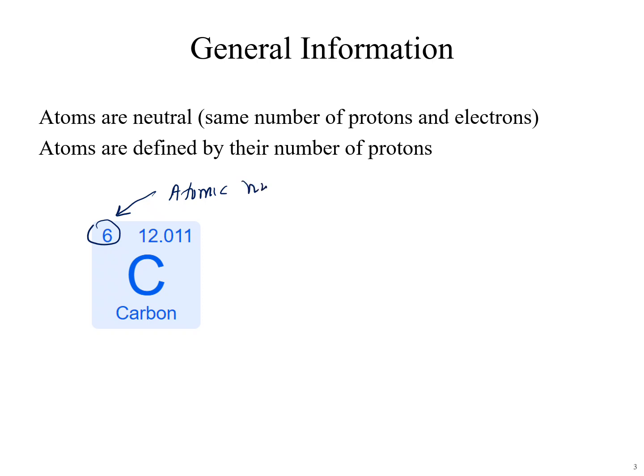So the atomic number, which is equal to the number of protons in neutral atoms, is going to be equal to the number of electrons.